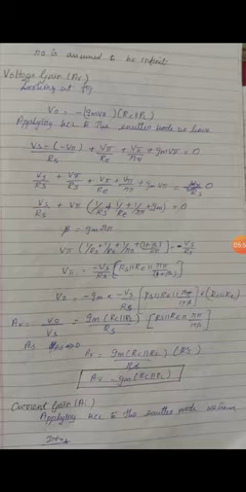When I take RS as the equivalent value, that RS gets cancelled, and we have AV equal to minus GM into RC parallel with RL. Sorry, AV equal to plus GM into RC parallel with RL, because that minus gets cancelled by the minus VS by RS. So this is the voltage gain.